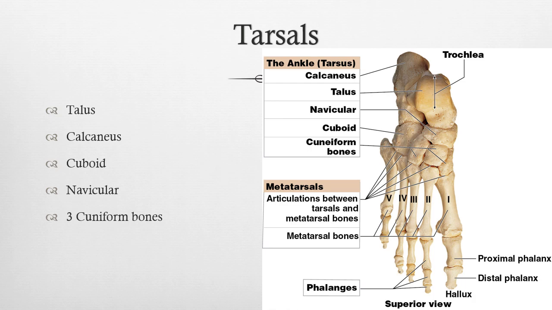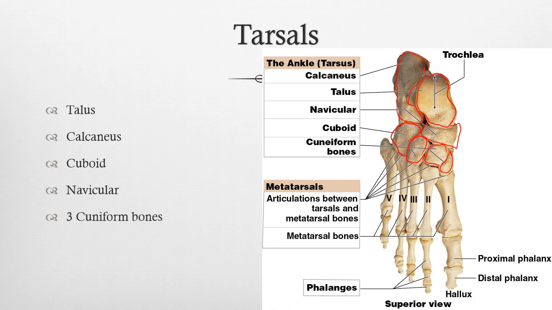We now have 7 bones, and so we have the calcaneus, we have the talus, we have the navicular, and then there are 3 cuneiforms, and then a cuboid. And those are the tarsals. So the tarsals are near the toes. So instead of confusing the tarsals with the carpals, the tarsals are always near the toes of the body.